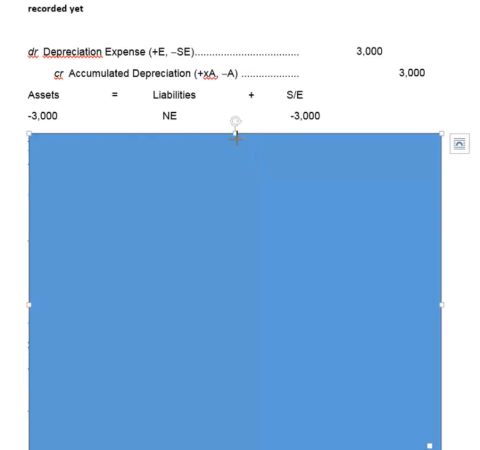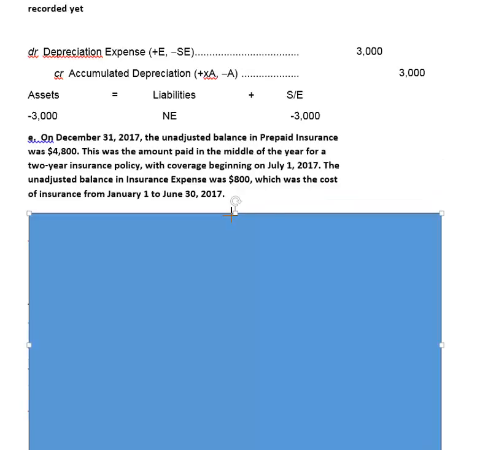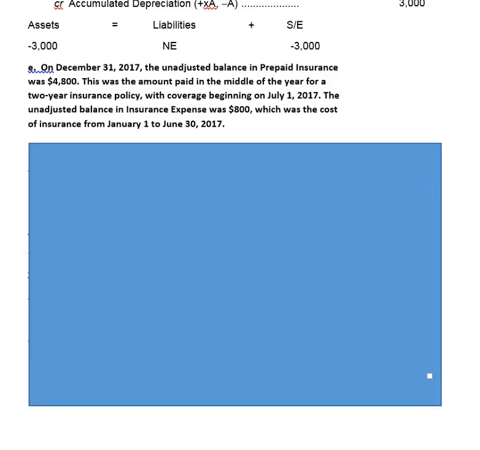Now, let's look at another transaction. This is a prepaid insurance related transaction. This one says here that on December the 31st, 2017, we had a prepaid insurance balance unadjusted $4,800. That amount was paid in the middle of the year, right?